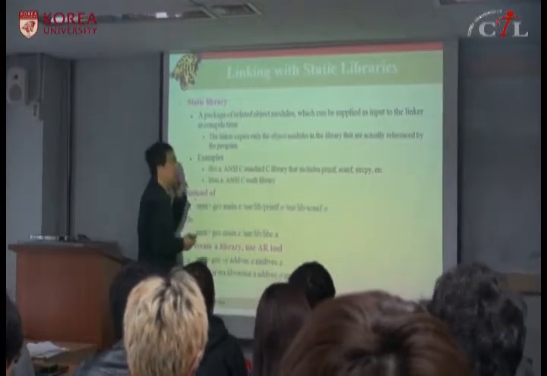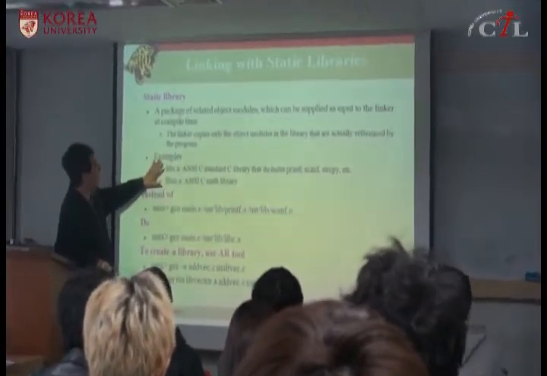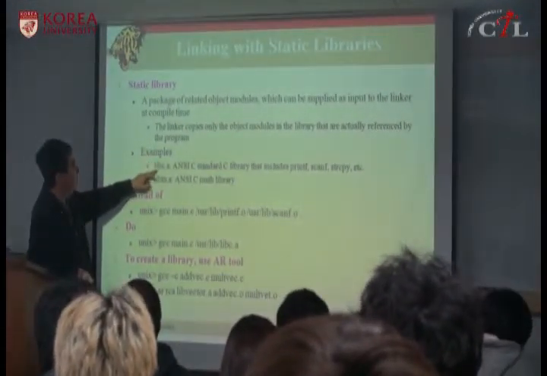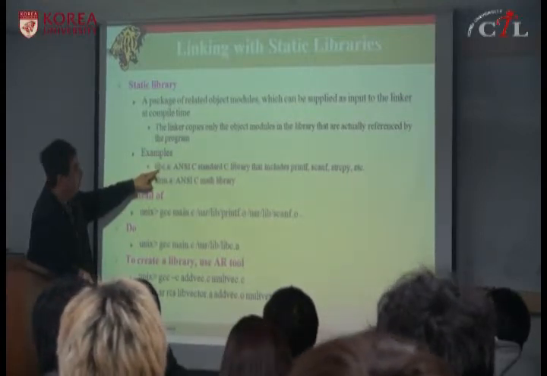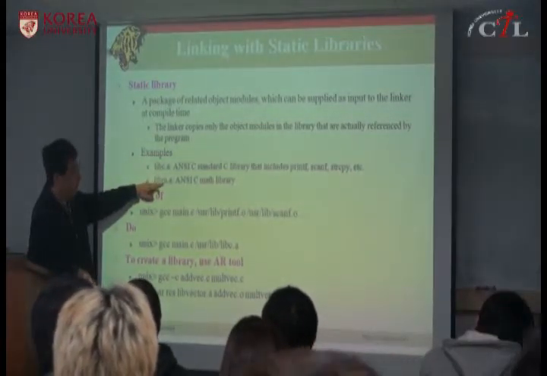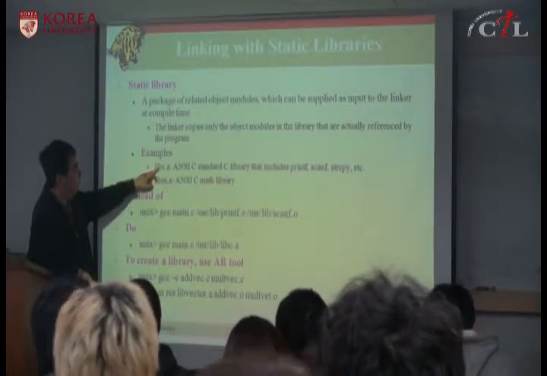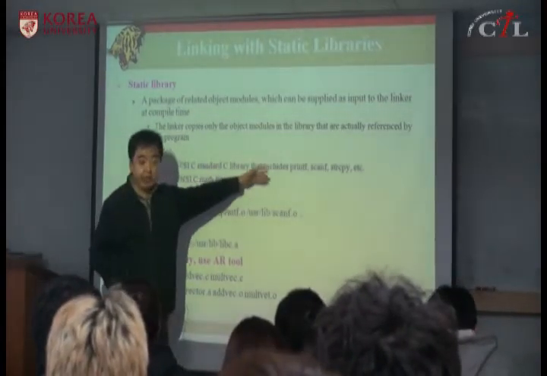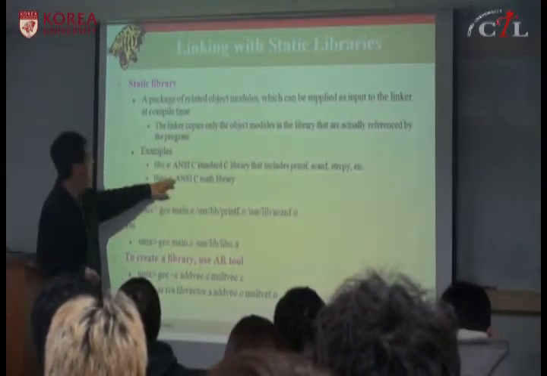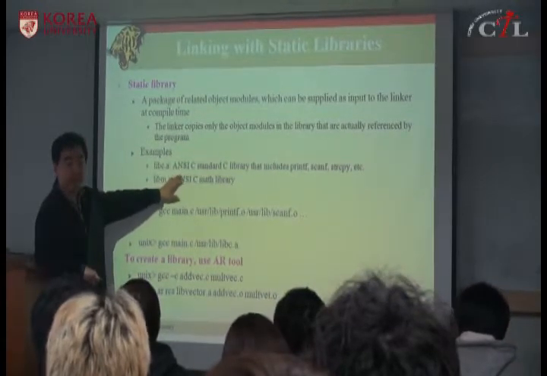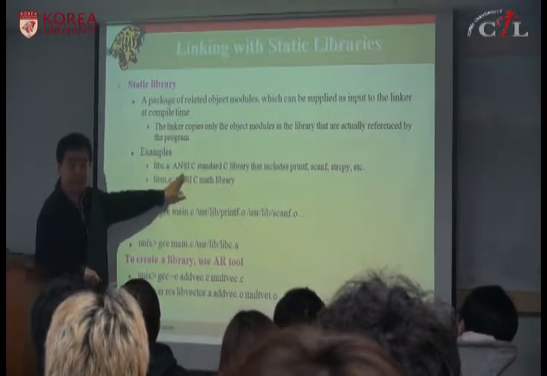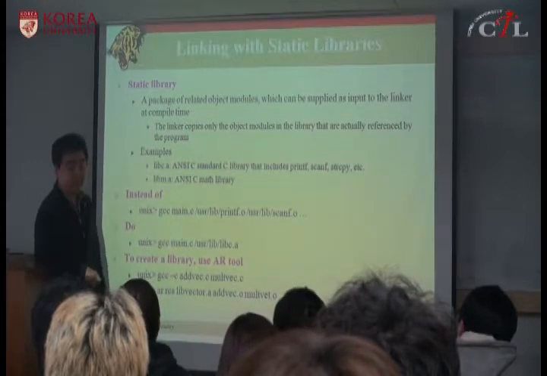The most famous examples of these libraries are the C standard library and the C math library. The C standard library contains printf, scanf, strcpy, and so on. And the math library has floating point real number functions, sine, cosine, tangent, these math library modules.